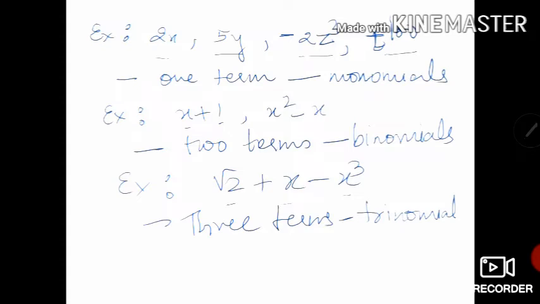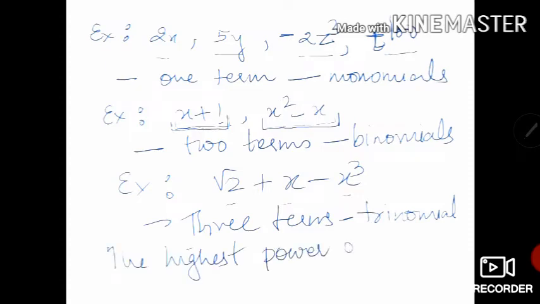Now in these examples of binomial, observe the power of x. In the first polynomial, the power of x is 1. Whereas in the second expression, the power of x in the first term is 2 and in the second term is 1. So the highest power in the first polynomial is 1, whereas the highest power of the variable in the second polynomial is 2.